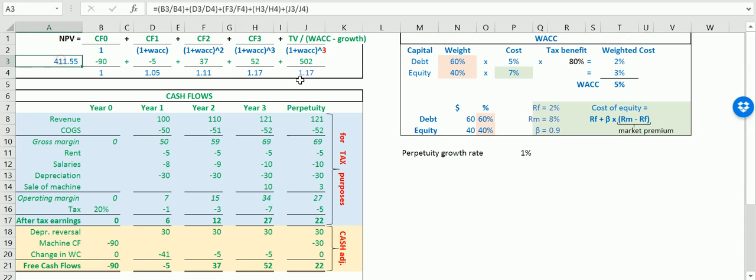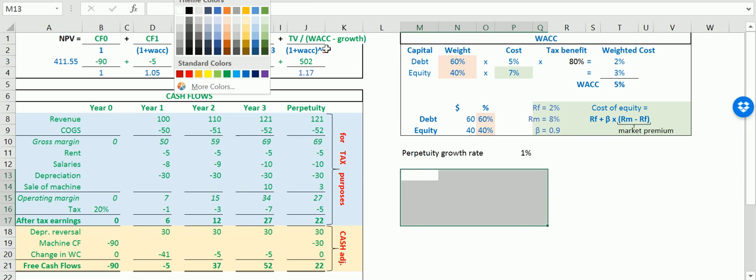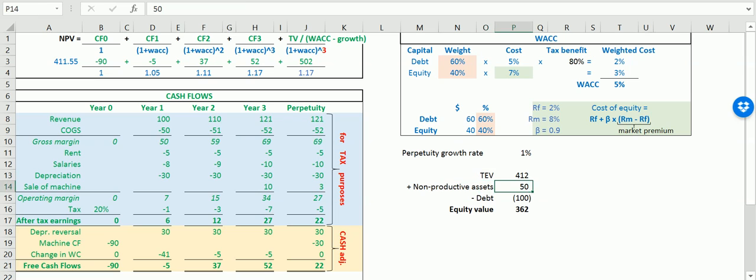So that gives us this number, right? The net present value is 411. In general, people call that the total enterprise value, right? So we can say total enterprise value here is 411. To that, you can add the non-productive assets, if there are any.